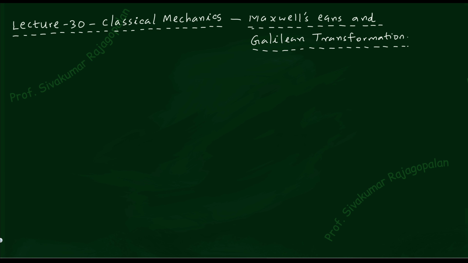So let me start and quickly draw the Cartesian coordinate system corresponding to the Galilean transformation. Here I'm trying to write down that. Let us first see what is the meaning of the Galilean transformation. For this, we need to draw some coordinate axis.